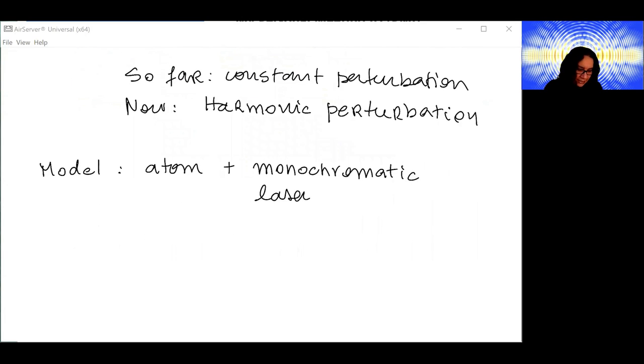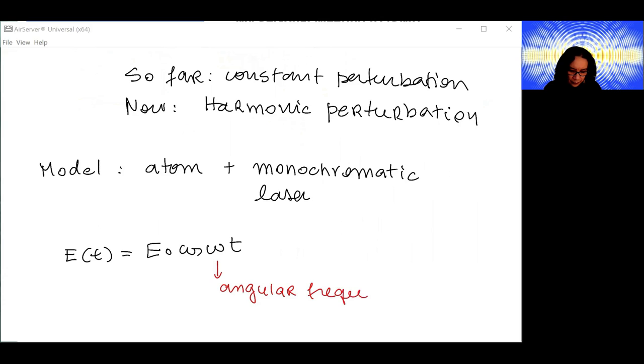And this means that the electric field of the laser is of this form, whereby omega is the angular frequency of the radiation, and E naught is the field amplitude.